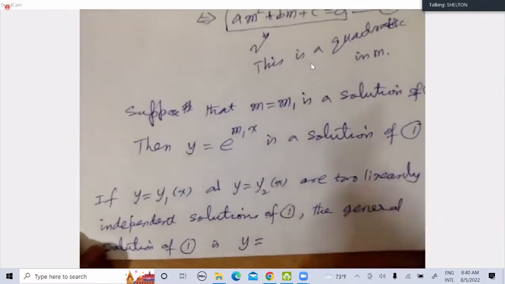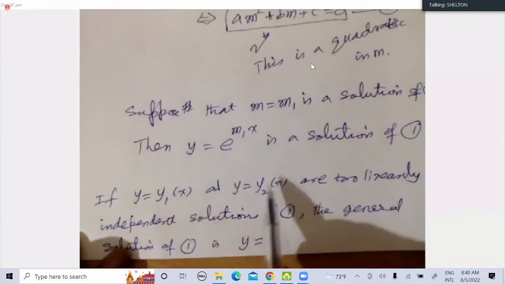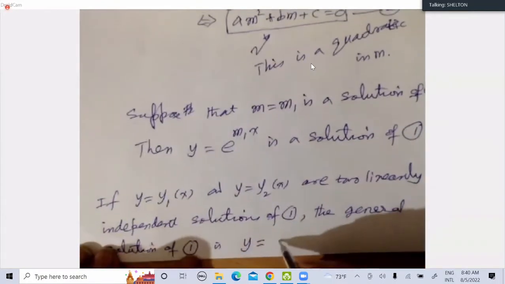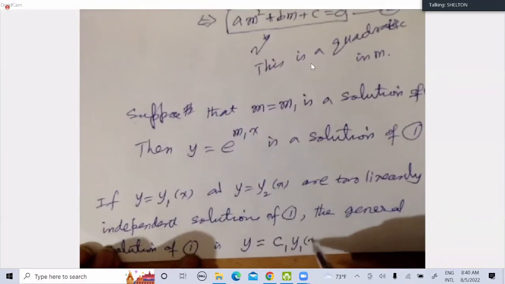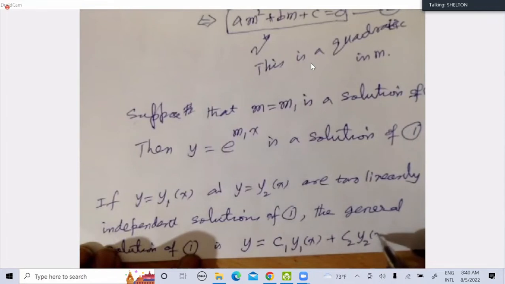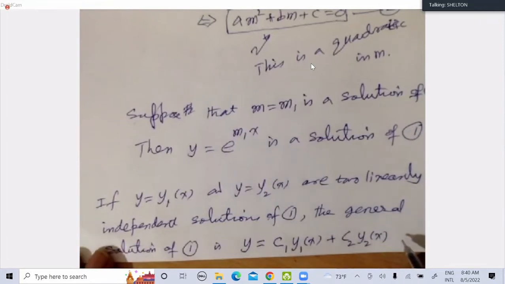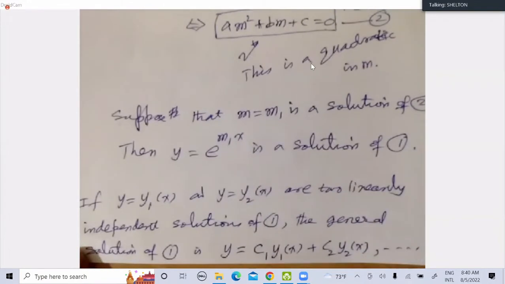That is why these are called linear equations: if you have two solutions, any linear combination, C1 times the first solution plus C2 times the second solution, is a solution. The general solution is this, where C1 and C2 are arbitrary constants.